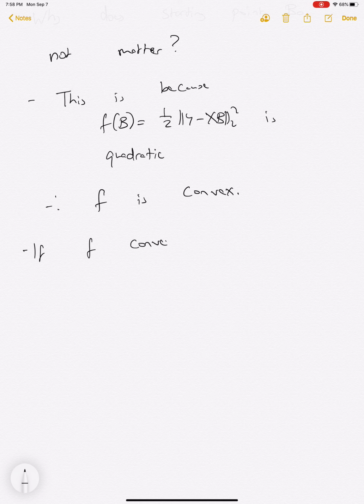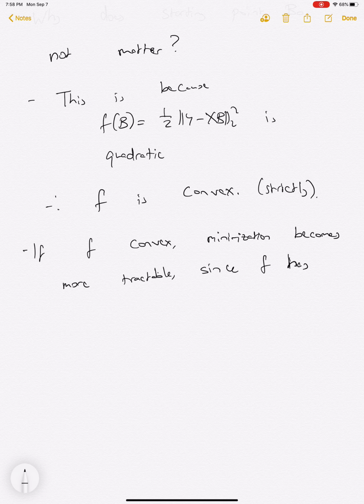If f is convex, minimization becomes more tractable. In fact, this is strictly convex, and this is the nicest. Basically, quadratics are the nicest kind of things that you can minimize. It becomes tractable since f has a unique minimum.